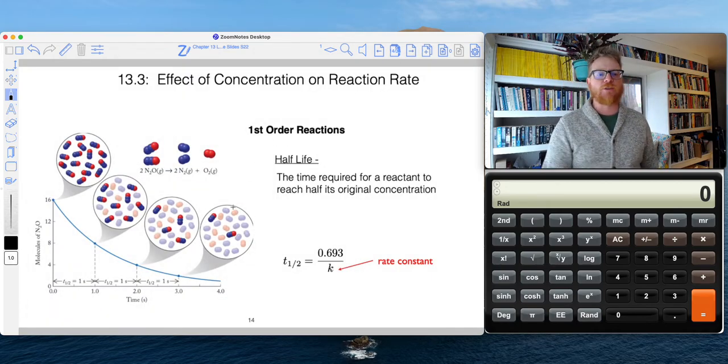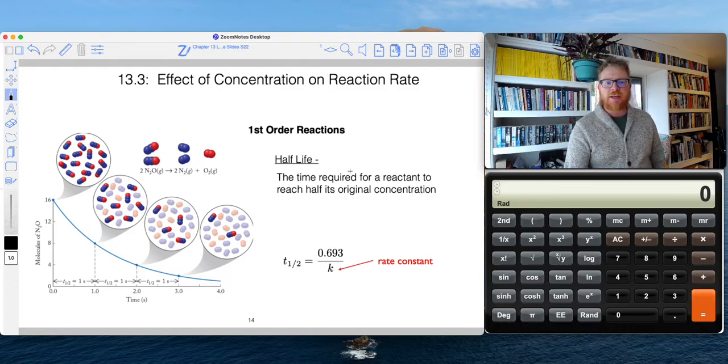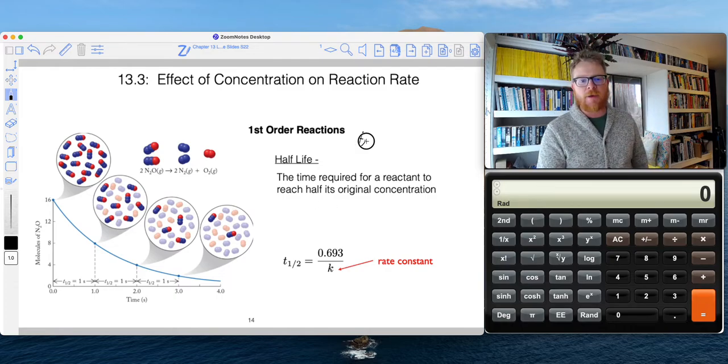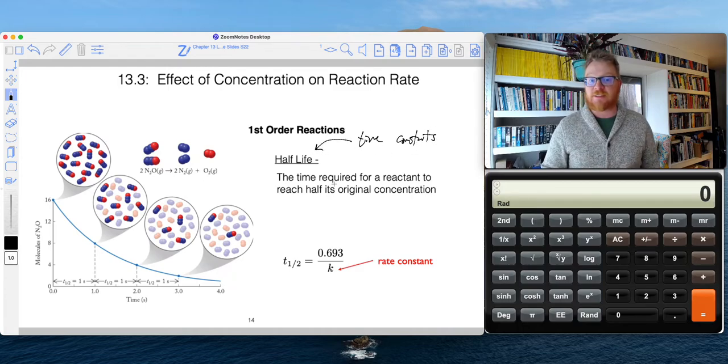So we could also talk about other things in a first order reaction, specifically the time constants. And the only time constant we're interested in for this class is half-life. And you've probably heard of half-life before. That's the time required for a reactant to reach half its original concentration. And as it turns out, for a first order reaction, it has a special equation: t1/2 equals 0.693 divided by k.